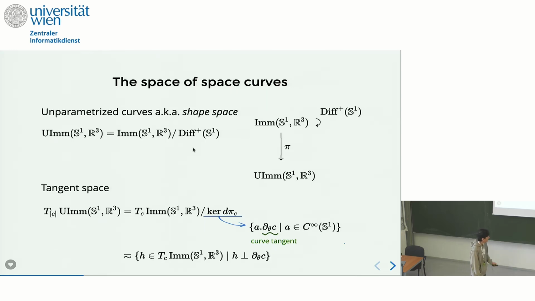And you can identify the tangent space of unparameterized immersions with vector fields over the curve perpendicular to the curve tangent everywhere. By the way, some people say unparameterized immersion is kind of contradictory because immersions have parameters, but this is the notation.